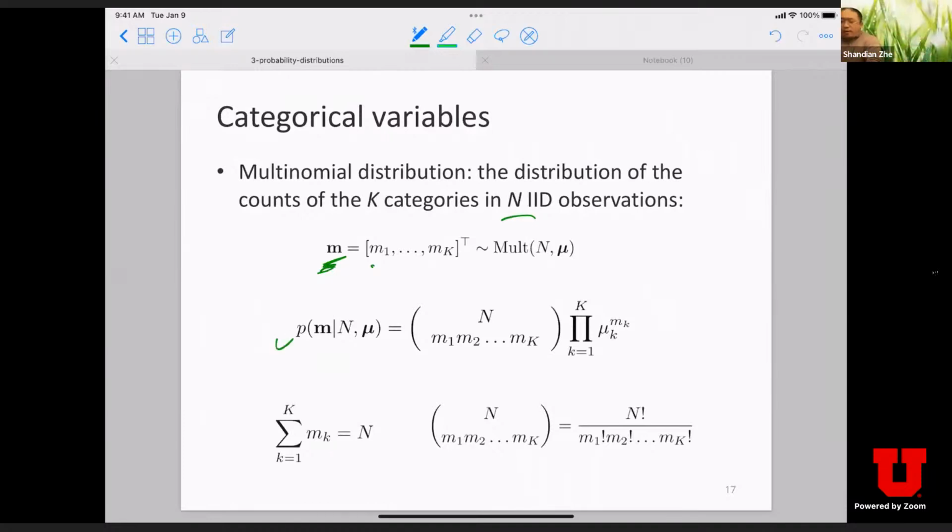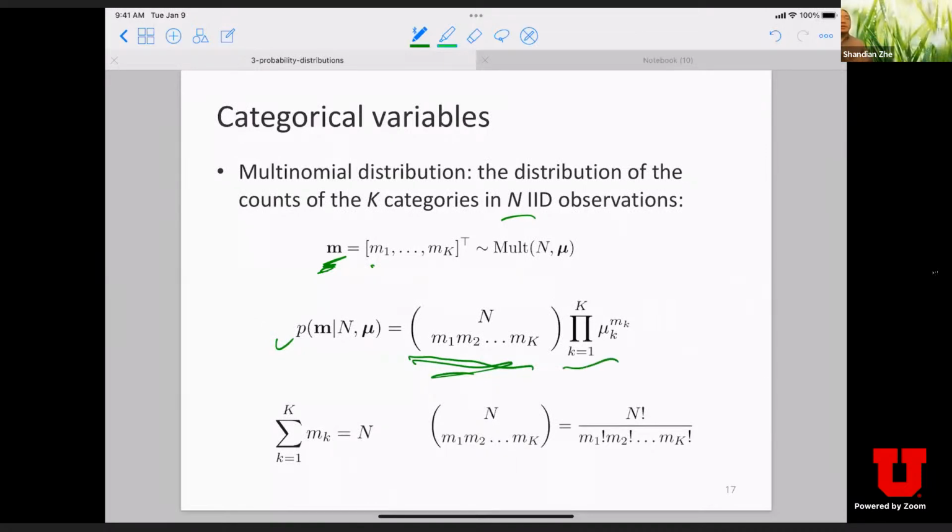Then we can write down the probability of your M vector, that is the count vector of those categories, as a combinatorial number, which means that out of N experiments, you have observed M1 times for category 1, M2 times for category 2, until MK, big K times for category K. How many possible combinations are there out of these big N experiments?